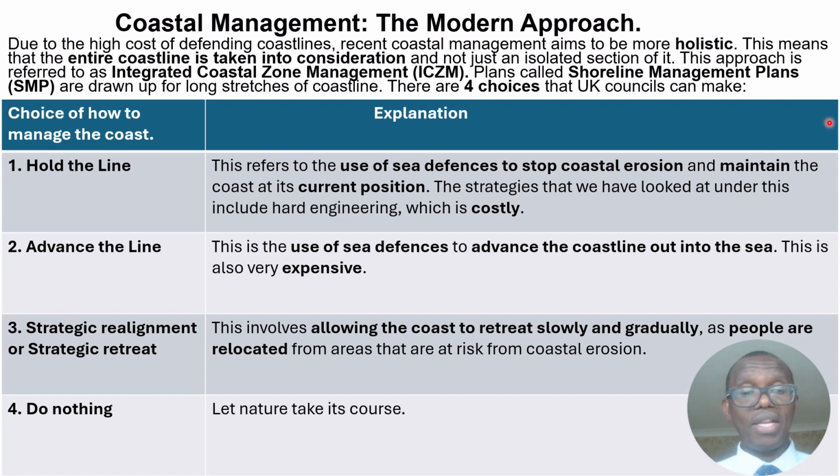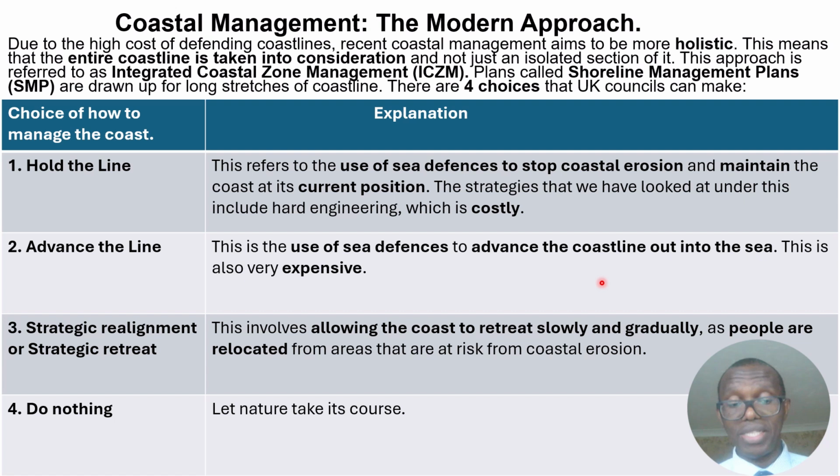The second choice the management plans can opt for is to advance the line. That basically means that you're using sea defenses to advance that particular coastline out further into the sea. Now, obviously, that is likely to be very expensive.